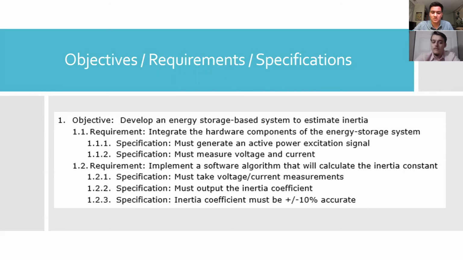For the second part, we have to read these voltage and current measurements and output this inertia constant via Opal RT, and it has to be within plus or minus 10%. We have this broken up into two different parts, but in practice, this is not how we will be doing this. It's just easier to look at it that way when planning.